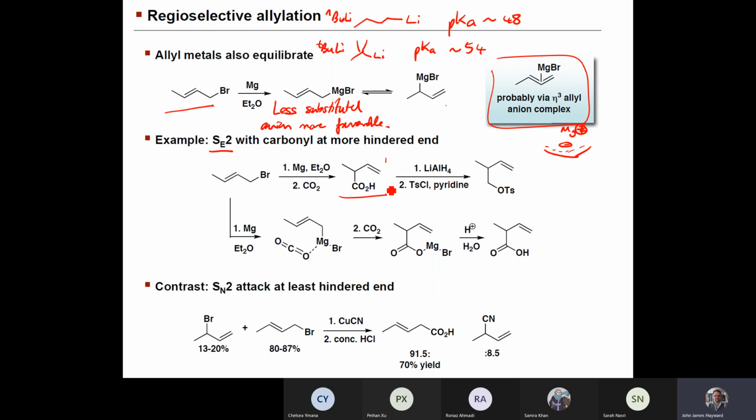And interestingly, we get the more hindered carboxylic acid out. Now remember, it doesn't matter if we started with the less hindered bromide or the more hindered bromide. Number one, they rearrange anyway. But number two, the magnesium would give the same Grignard in both cases.